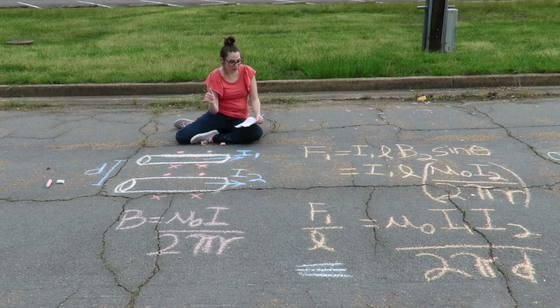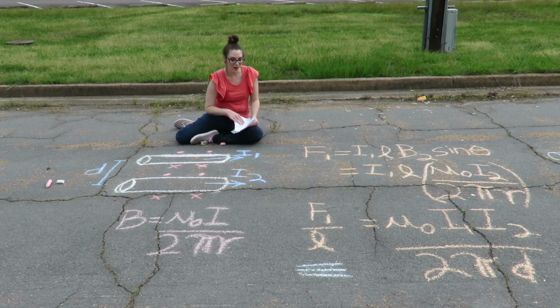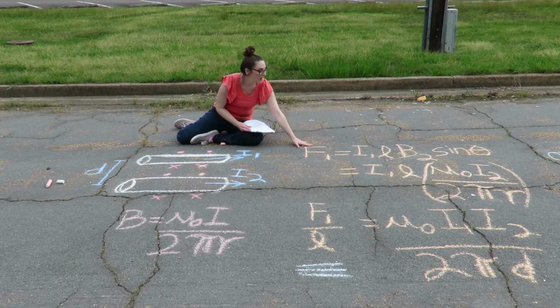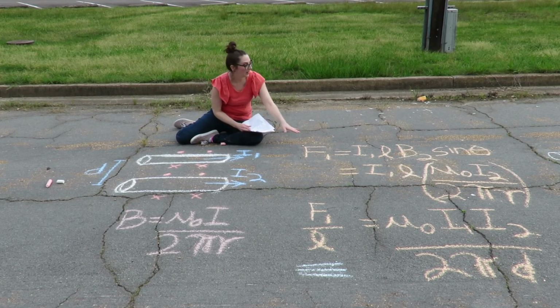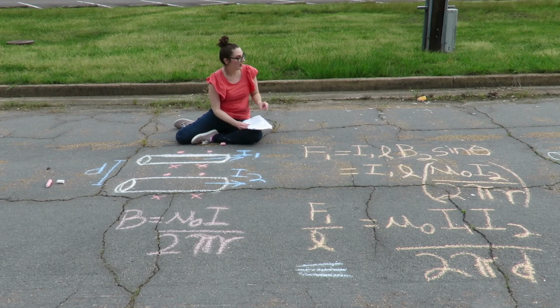So we're trying to find the force on wire 1, this one here, in the presence of the magnetic field created by wire 2. Okay, so the force on our wire 1 here is going to equal the current of wire 1 times its length times the magnetic field that it's experiencing.